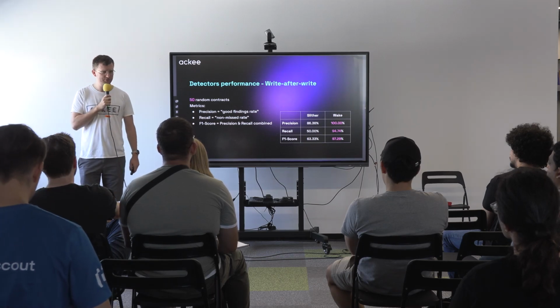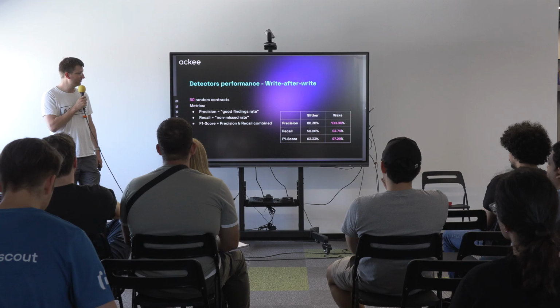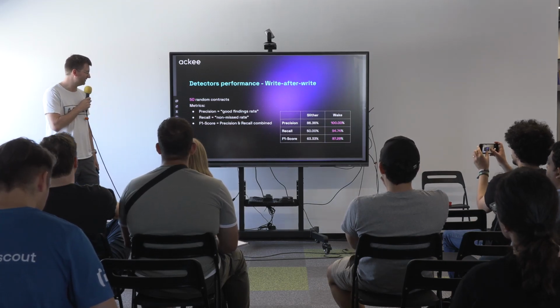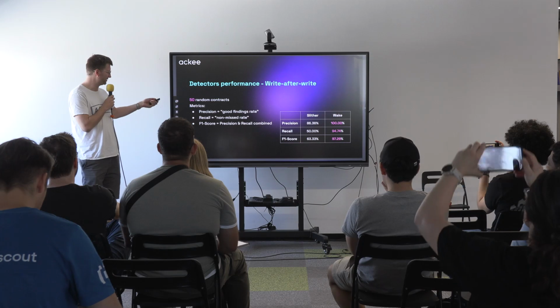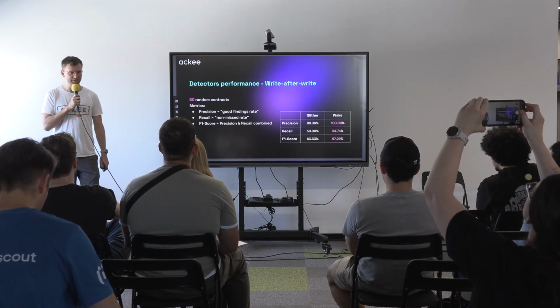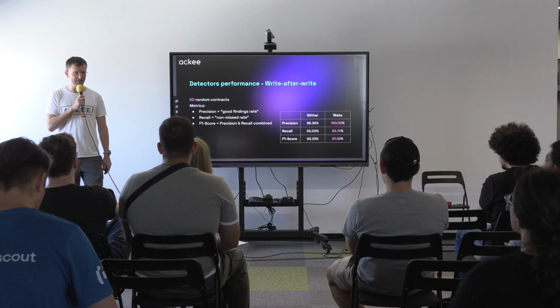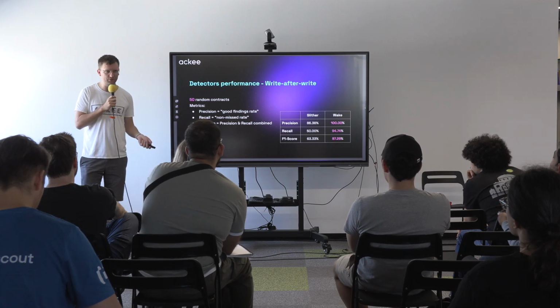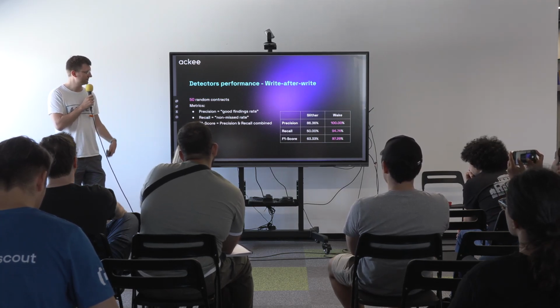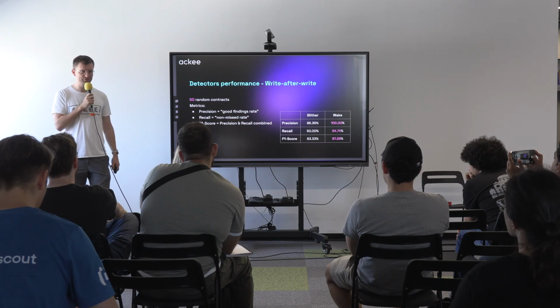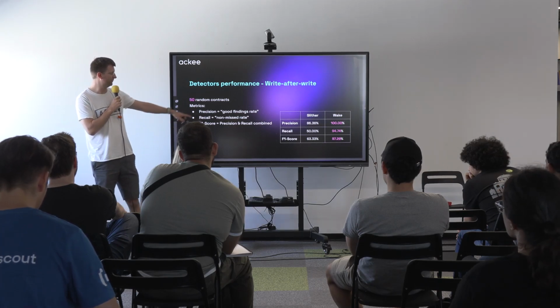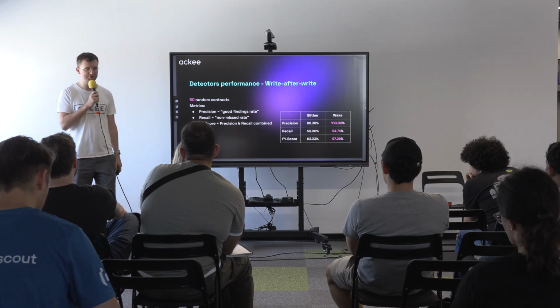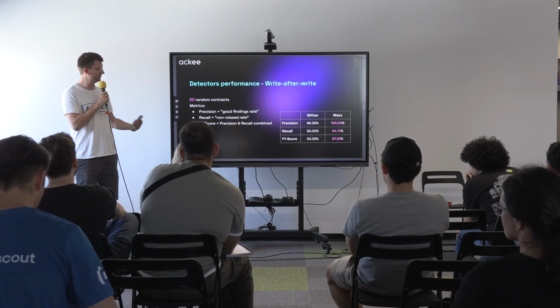We did one detector which is pretty common, and we did a small benchmark here. It's a very small benchmark, just 50 random contracts. And this detector was actually written by one of my students at the university. So we have the reentrancy detector, which is kind of typical. And as I said, our motivation is to focus on the precision, which means the ratio of false positives should be 0.